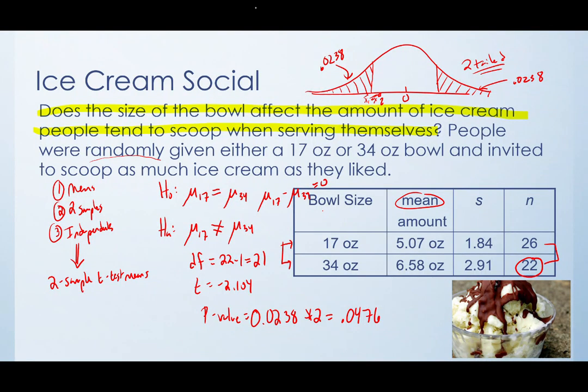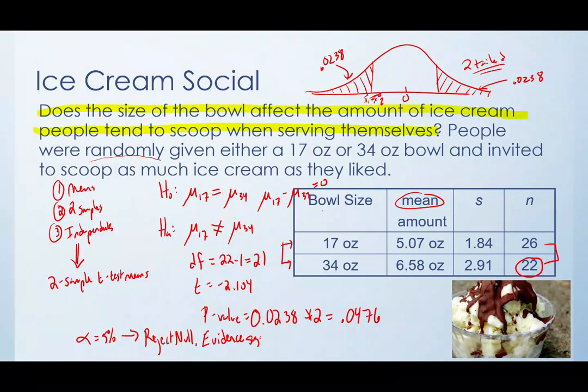Okay, so if I say, hey, your alpha level is 5%, what's your conclusion? You're going to say, well, that p-value is less than alpha, so I'm going to reject the null and say, yeah, the evidence suggests that the size of the bowl affects the amount of ice cream people scoop. So you can just restate the question.